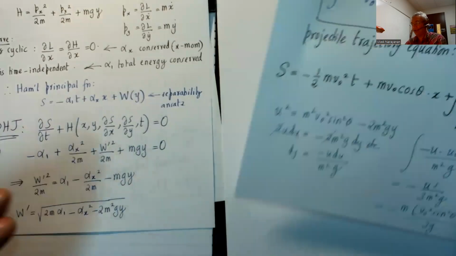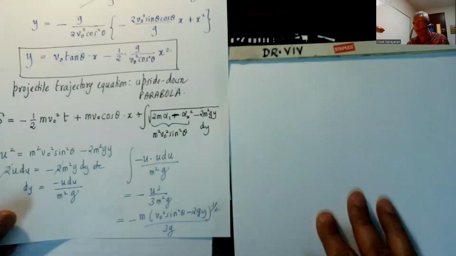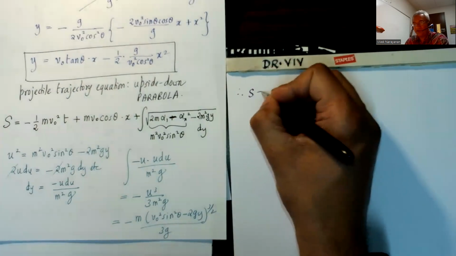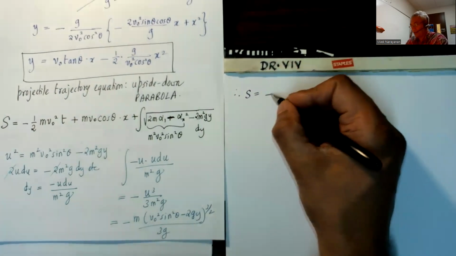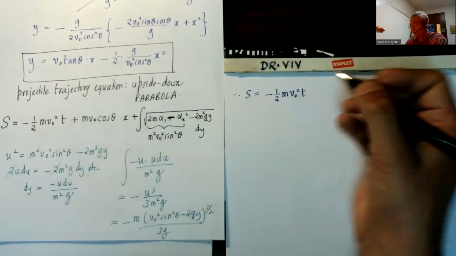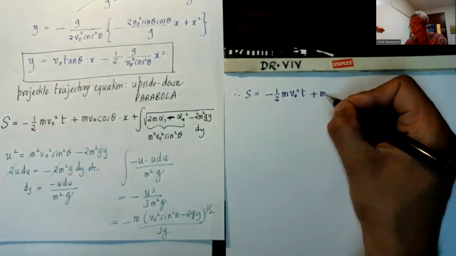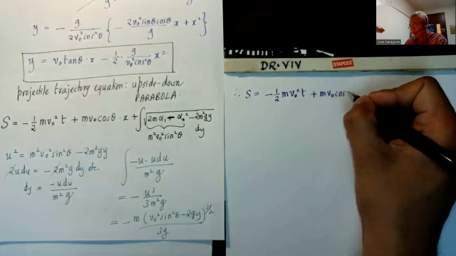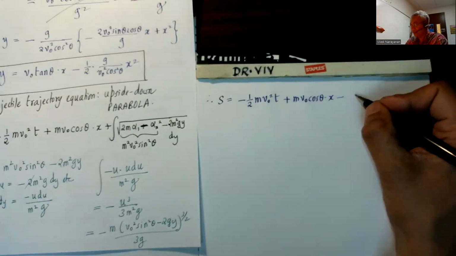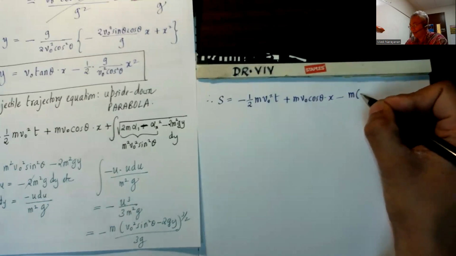the full S in its full glory. So S is equal to S for the projectile motion. Big drum roll, because we're actually able to find the Hamilton principal function completely for a problem, which is usually almost never done.